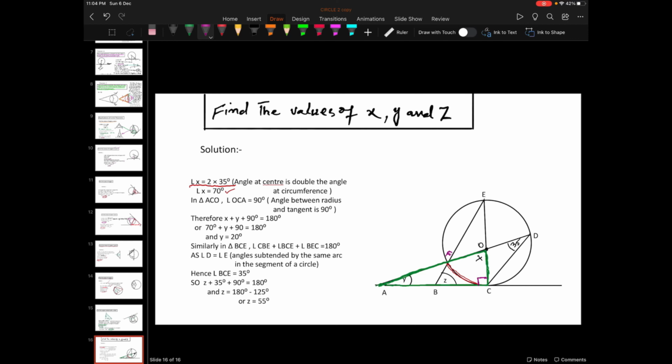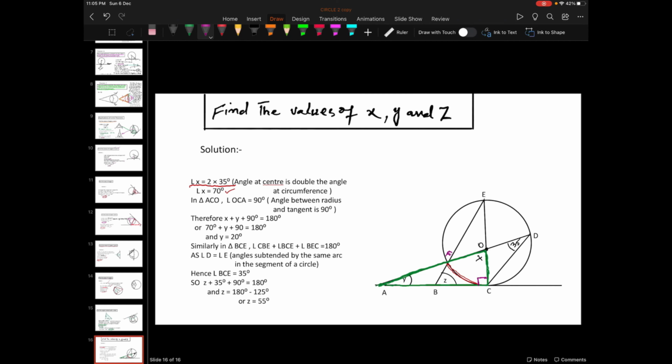In triangle ACO, angle OCA is 90 degree. Angle between radius and tangent is always 90 degree. Therefore, x plus y plus 90 degree is equal to 180 degree. Why? Because the sum of angles of triangle is always 180 degree.